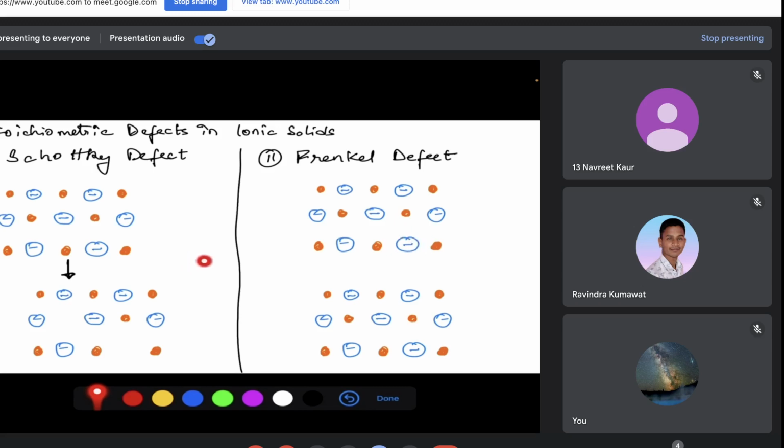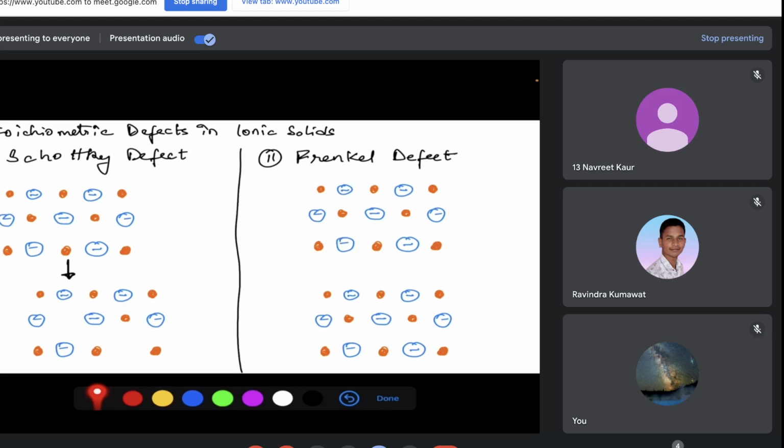The only difference between Frenkel and Schottky is that the density in the Frenkel defect remains constant, as my ion is actually not leaving the whole crystal, but the smaller cation moves to the interstitial site or space.